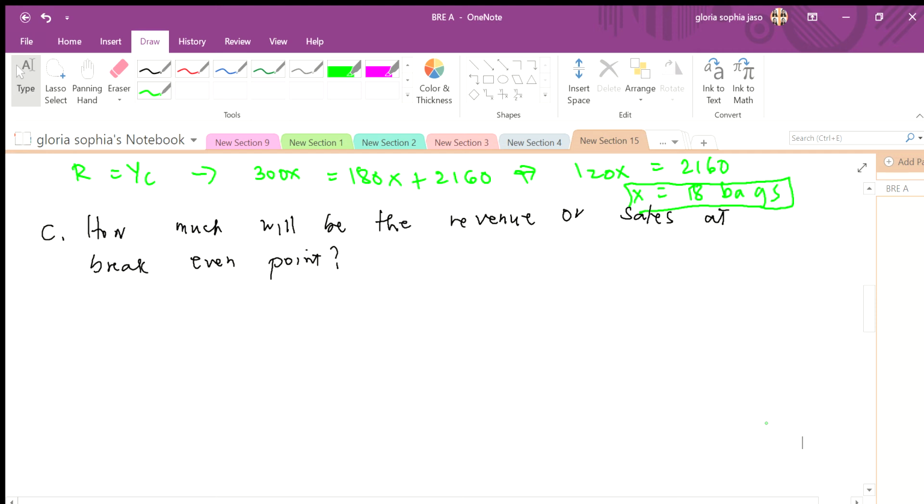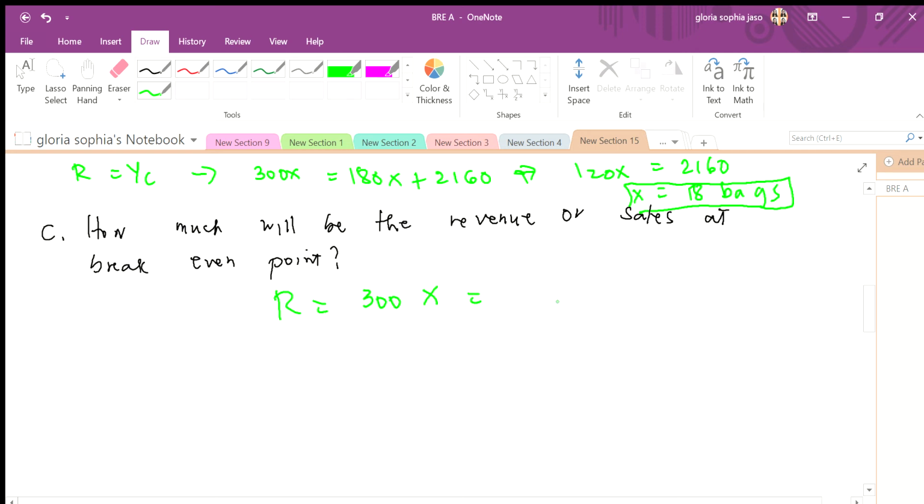Next question. How much will be the revenue or sales at the break-even point? To solve for the y value of the break-even point, we will just substitute it to the revenue equation, which is R equals 300 times x.